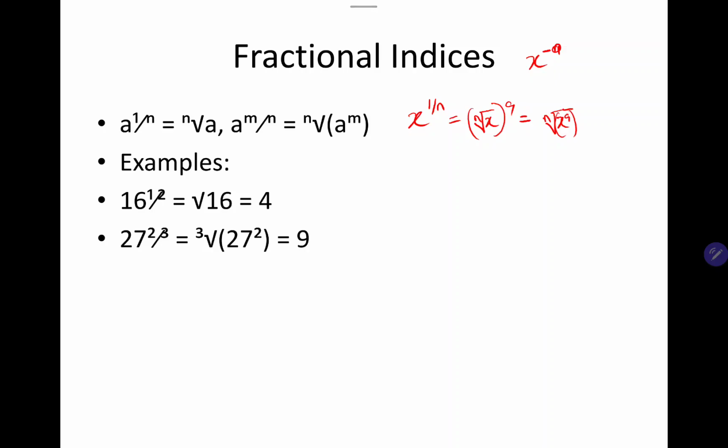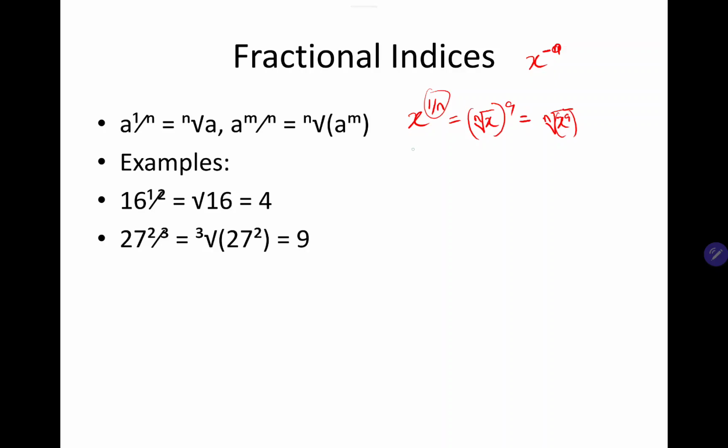Yes, these two are the same thing. If you use any of these formulas, you arrive at the same answer, hopefully. All right. Okay. What I want to add here is, what about if the fraction is not so simple?